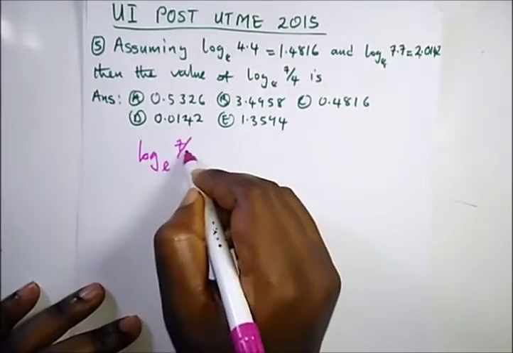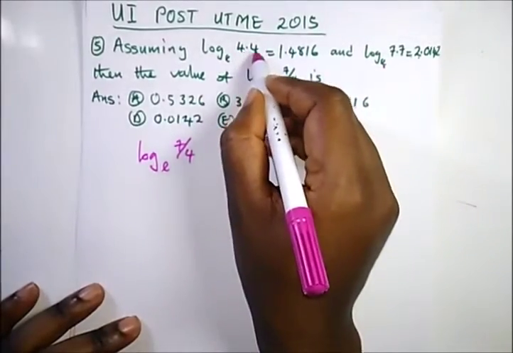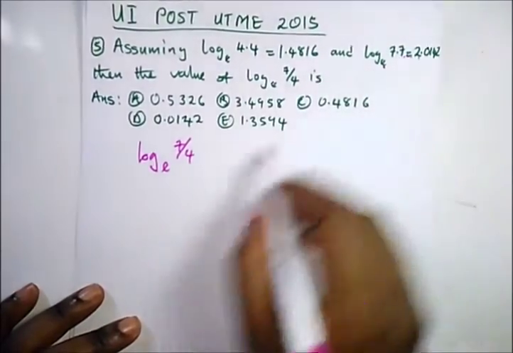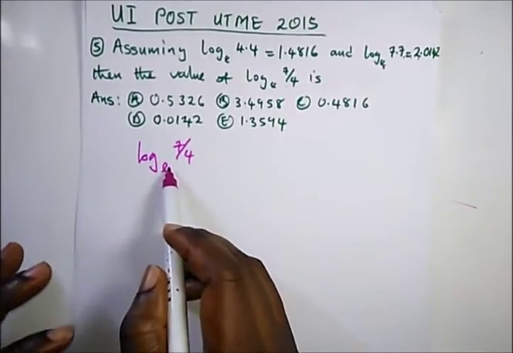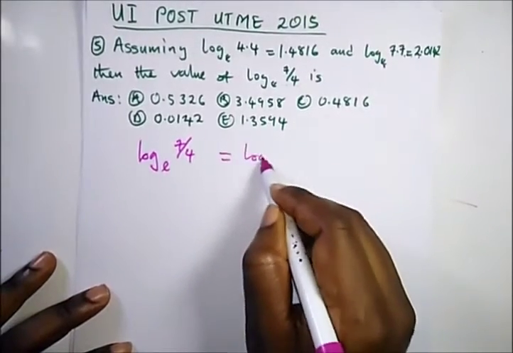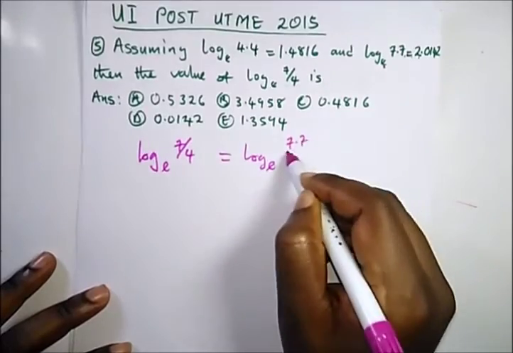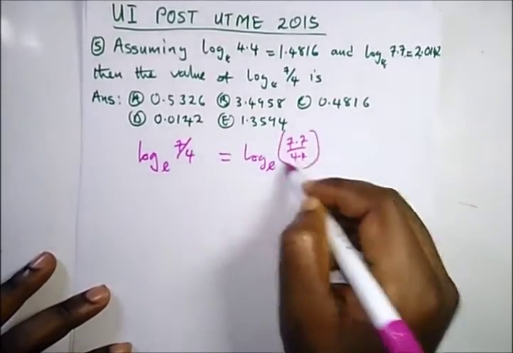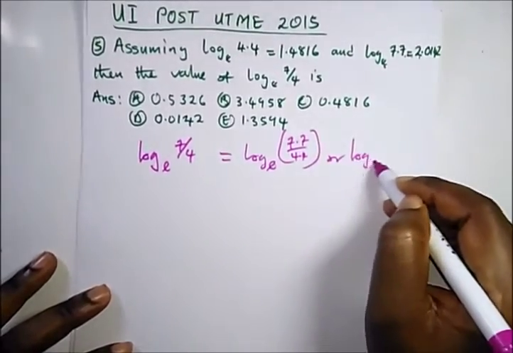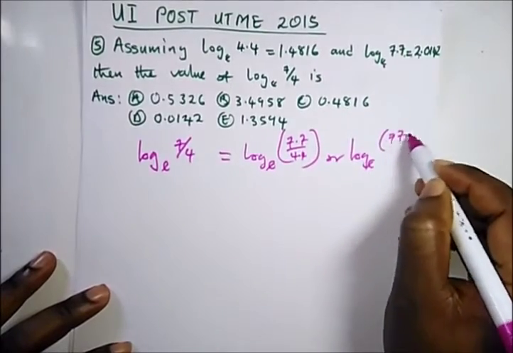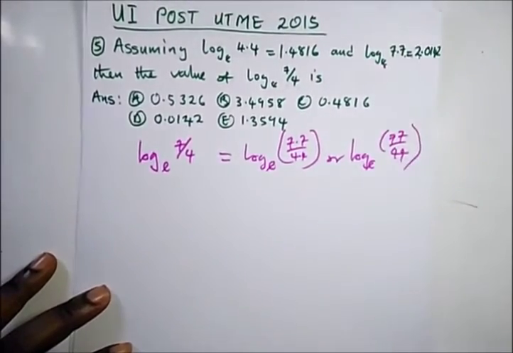When we've been given 4.4 as this and 7.7 as this, you should know that log e 7 over 4 is the same as log e 7.7 over 4.4, or log e 77 over 44. Why do I say it's the same thing?